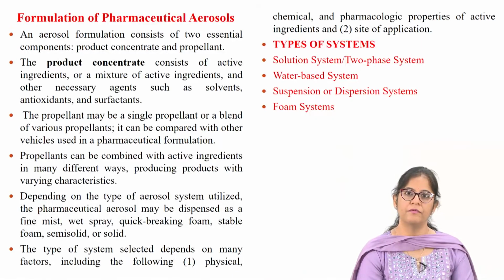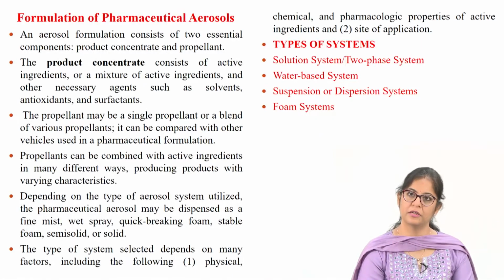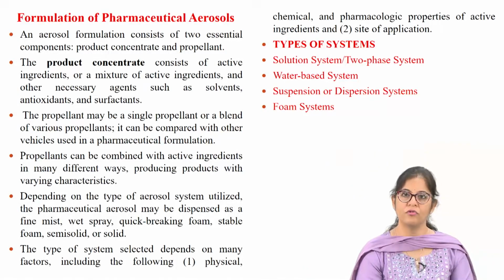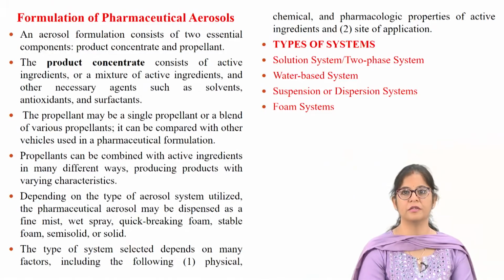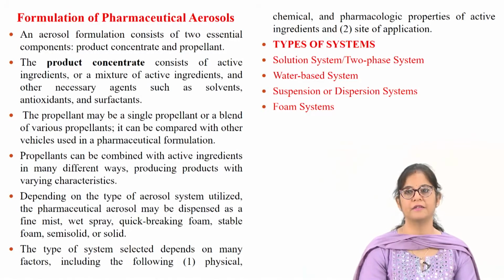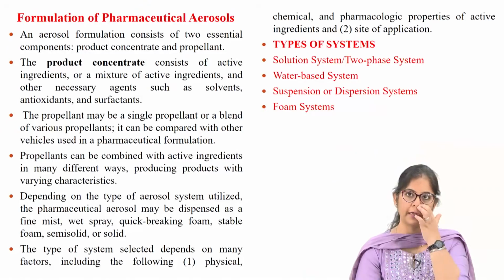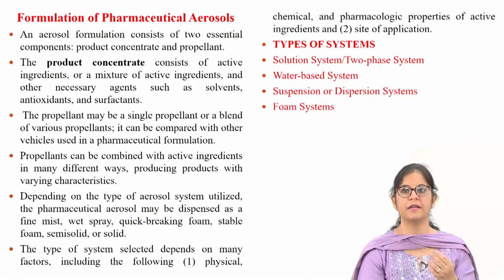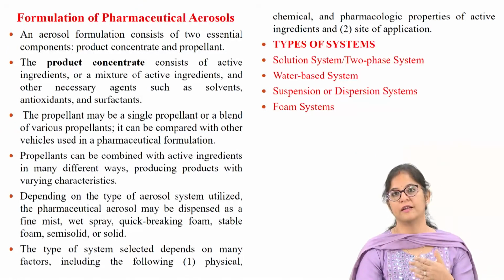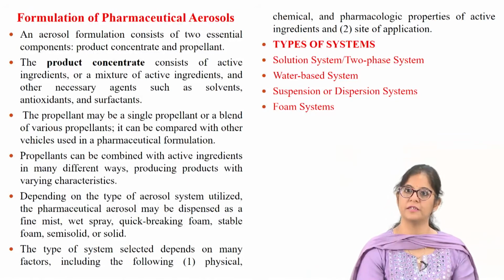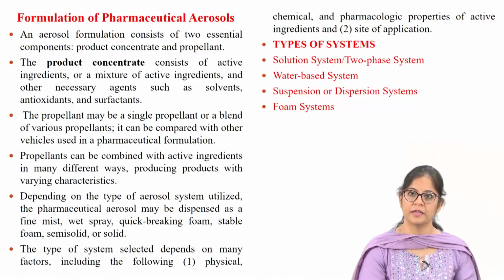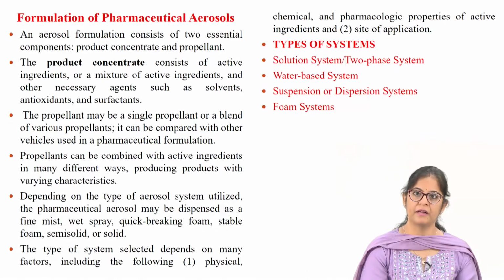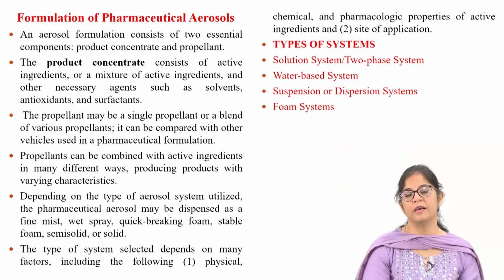The aerosol formulation basically requires two essential components, that is the product concentrate and the propellant. The product concentrate consists of active ingredients or a mixture of active ingredients and other necessary ingredients, agents like solvents, antioxidants and surfactants. The propellant used could be a single propellant or a blend, and it can be compared with other vehicles which carry the API.